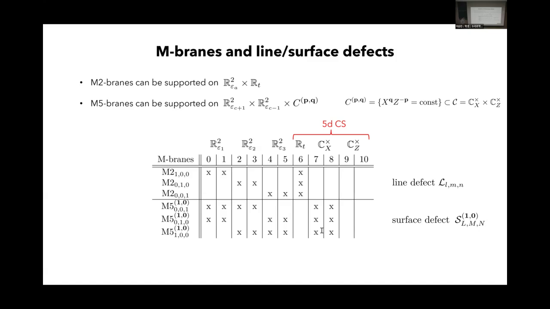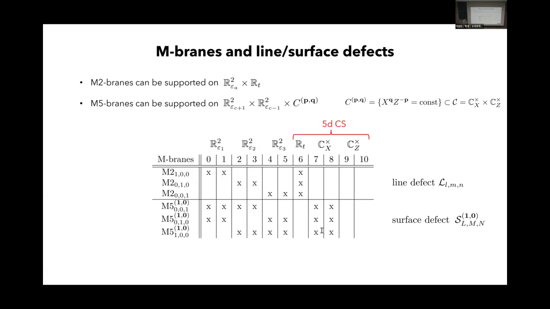In the same way, if I have an M5 brane that's supported on two of the R2 planes, there are three choices. M5 001 means I don't fill in the third R2 factor. So it fills the first two R2 factors and the C star X. If it's 010, it means I don't fill in the second factor, so it fills the first and third R2 factors.